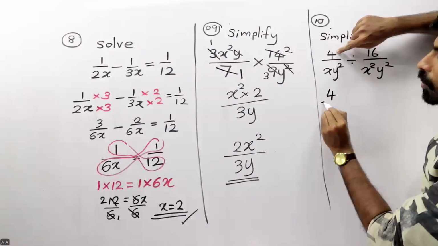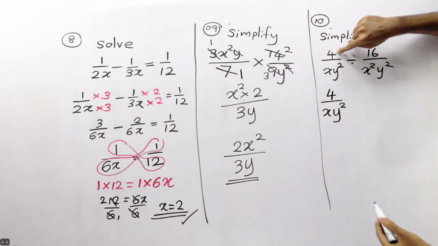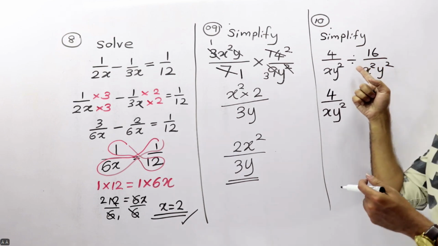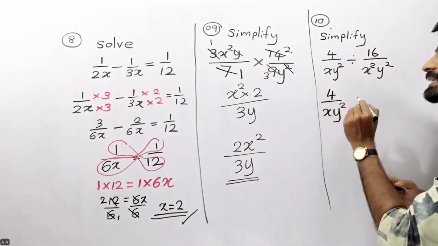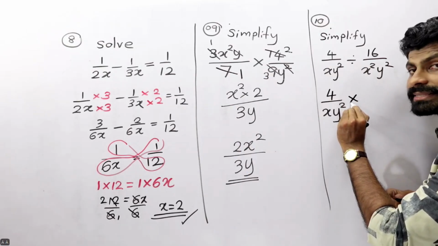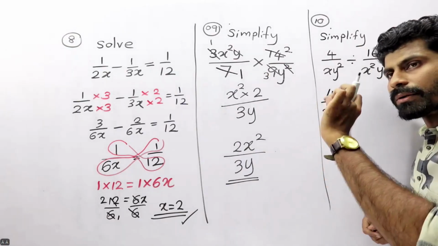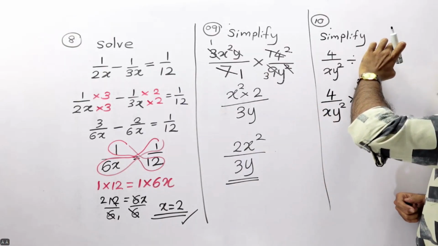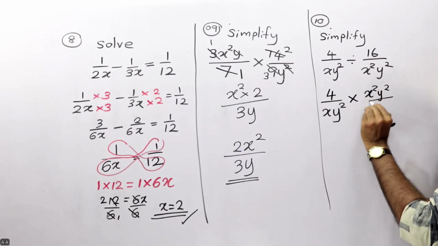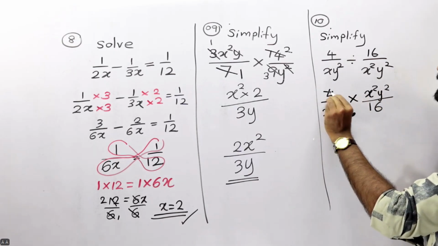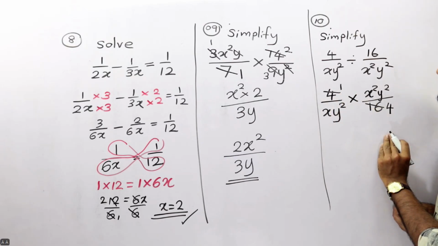4 over xy squared. Division changing to multiplication, and take the reciprocal. So that means x squared y squared over 16. 4 divided by 4, 1. 16 divided by 4, 4.